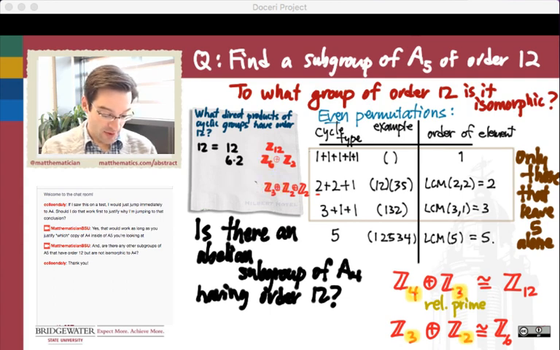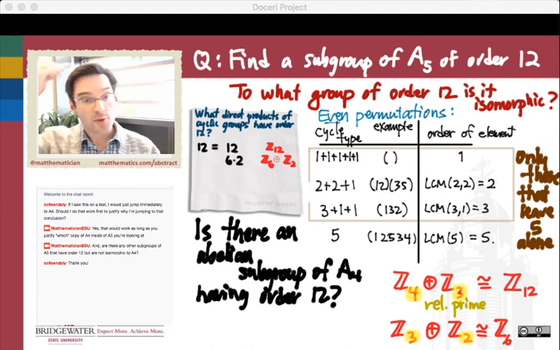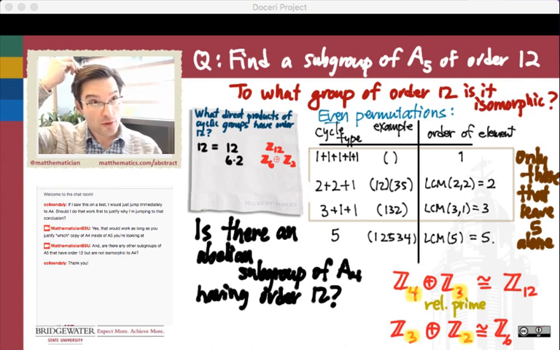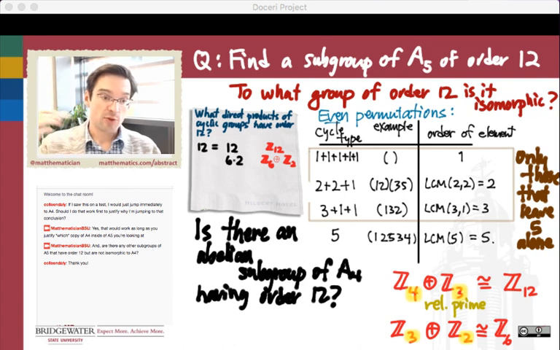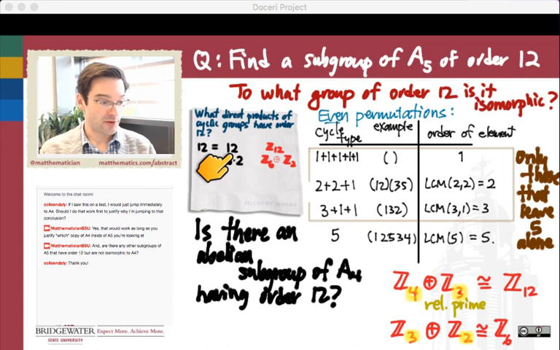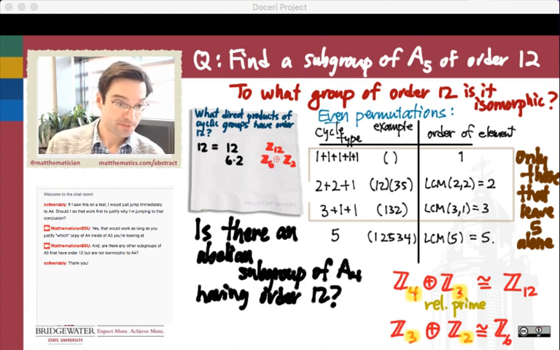So for the same reason, I'm going to remove this last entry from my list. So up to isomorphism, there are only two groups that we can make via direct product of cyclic groups that have order 12. We can either do Z mod 12, which is cyclic, or Z mod 6 direct product Z mod 2.